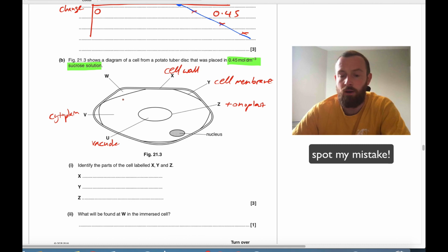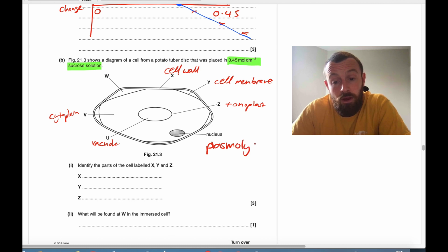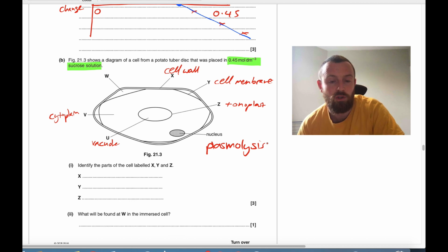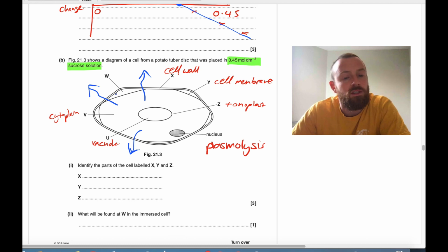W. What is W? Well, this cell is showing plasmolysis, because it has been placed in a solution of very low water potential, so water has exited the cell into that solution. So water has moved out via osmosis from the cell. So what has taken this space?